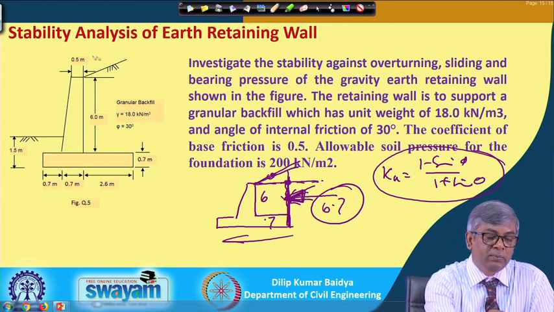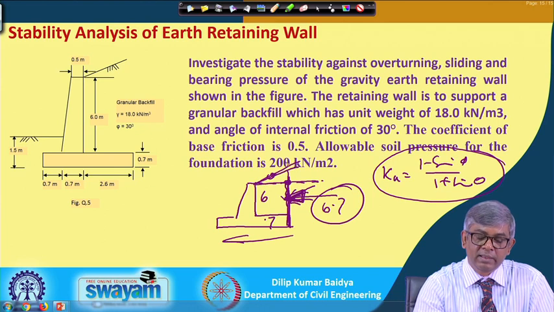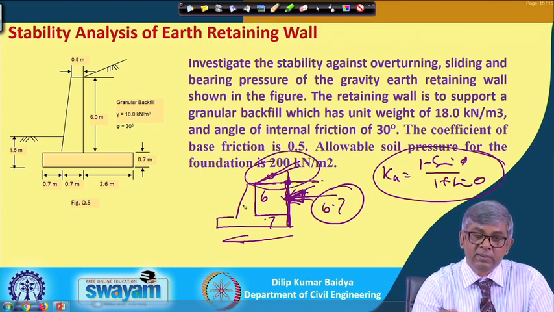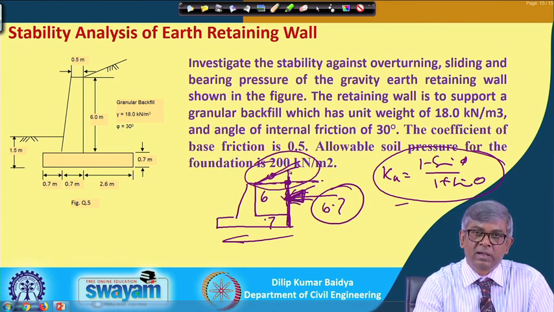This is the problem I have taken to show the application of everything, but in the exam sometimes you have to do it in less time, and then you may not have this type of thing. But if it is there, this is the procedure I have shown: use the little complicated formula for Ka calculation, and after calculating Ka, find Pa. Finally, the direction of Pa will be parallel to the backfill.